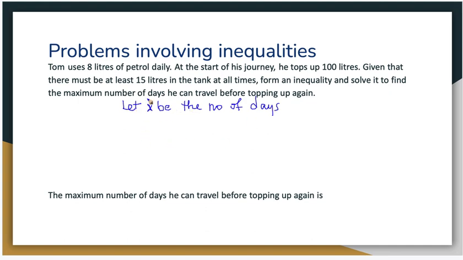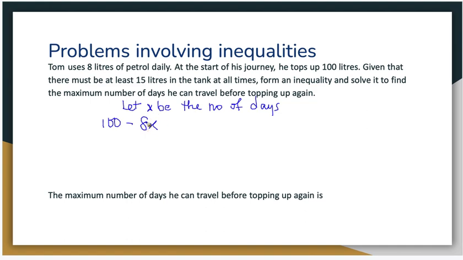Alright, so now x is the number of days, then 8x will be the total petrol that he used for that number of days. And we know that this has to be less than 100 because he tops up only 100 liters.